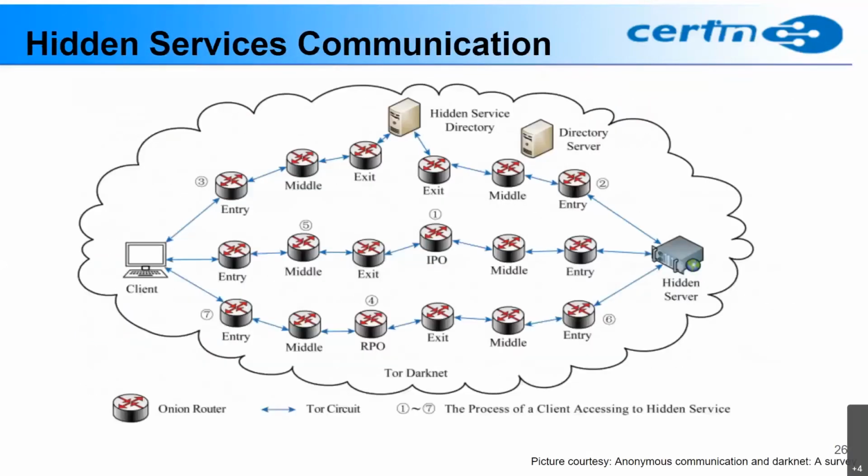You can see communication 5. Using the path of 5, he will convey to the IPO that I want to access some hidden service, please provide this service, and during this communication you can use this RP point, this random number R and the cookie.